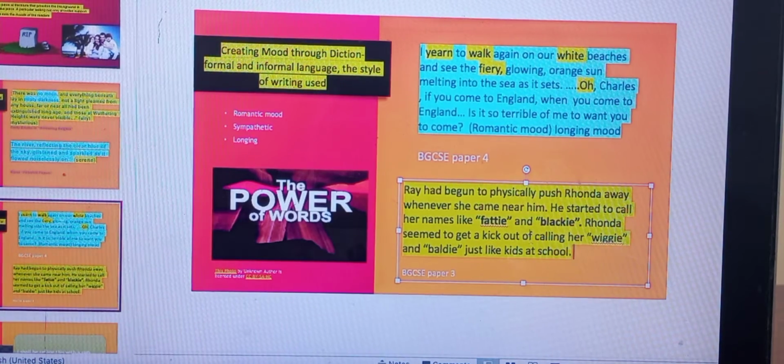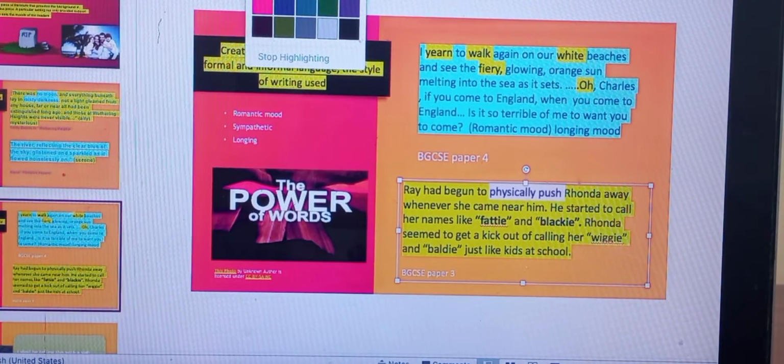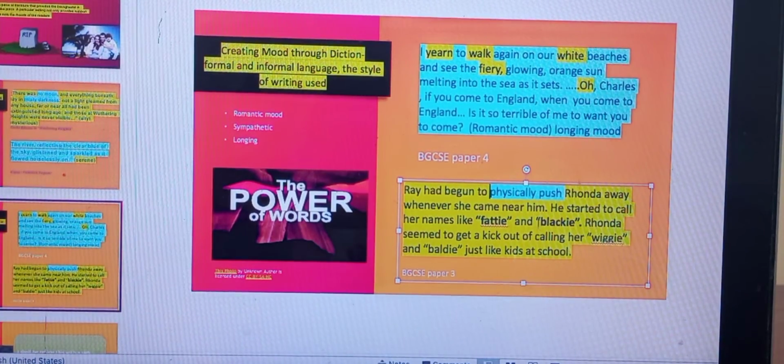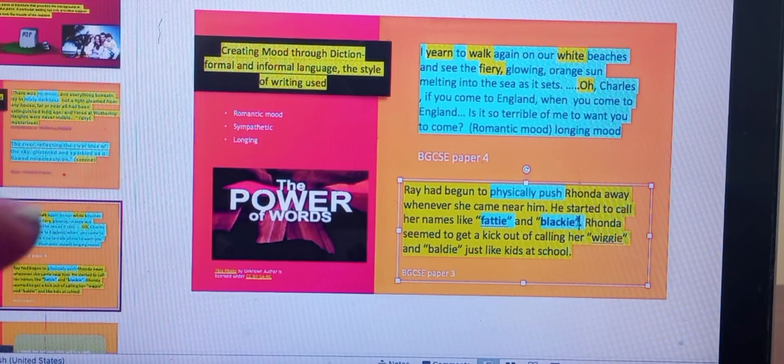Now, right away, when I see "physically push," that is definitely jumping out at me. When I see the word "fatty," it's really making me feel very badly. Nobody wants to be called fatty, and especially the word "blackie." Nobody wants to be called blackie.